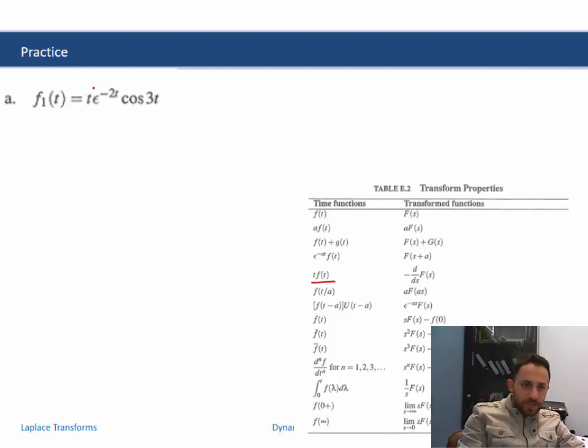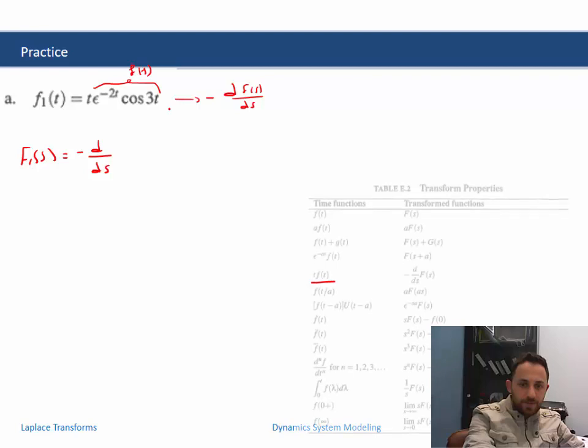So if we assume this is f(t) and this is t, then the Laplace of t f(t) must be given as minus dF(s)/ds. Great. So F1(s) is minus d by ds of the Laplace of this term, which is given by this one, right?